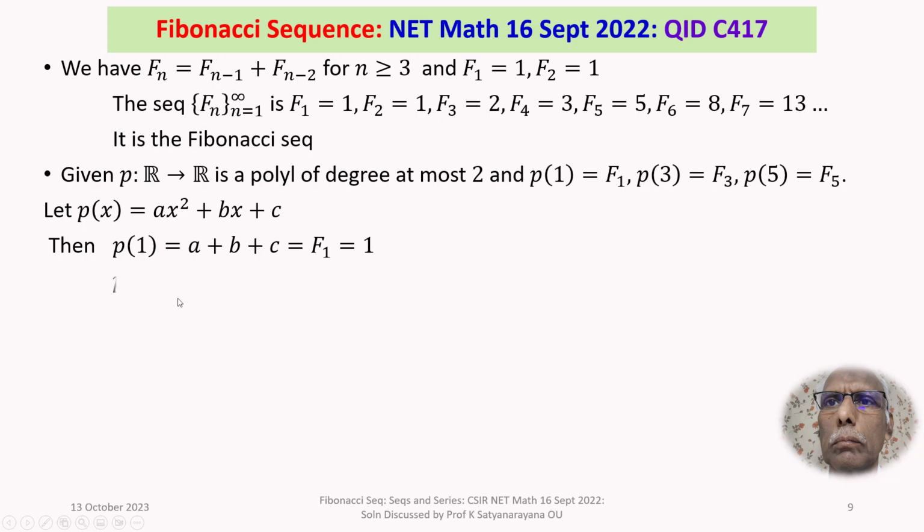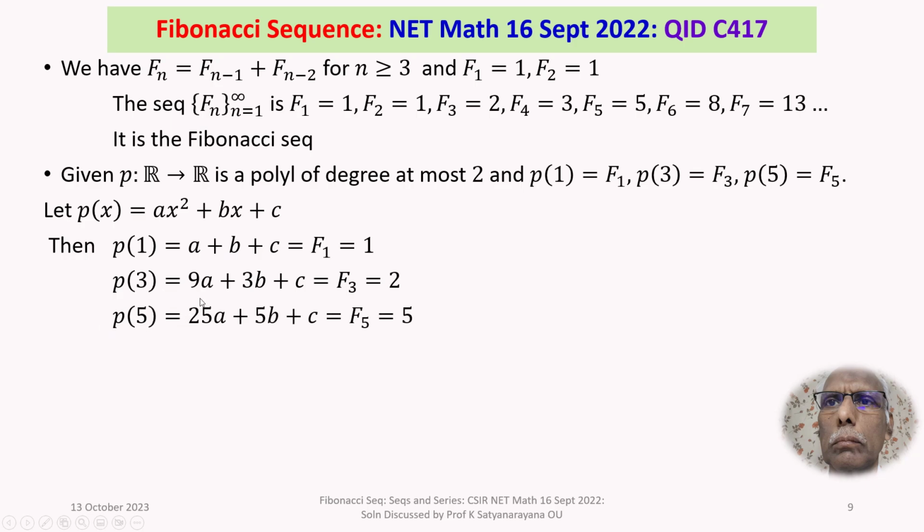And P of 3 is given. P of 3 is 3 square a, 9a plus 3b plus c, is equal to f3. F3 is 2. Right. P of 5 is 5 square a, 25a plus 5b plus c, is equal to f5. F5 is equal to 5. So we have 3 equations and 3 unknowns.